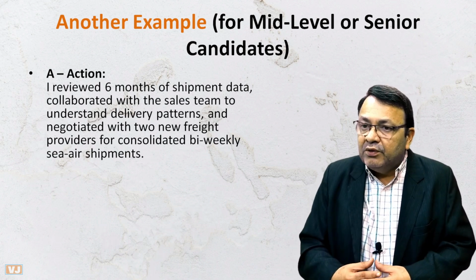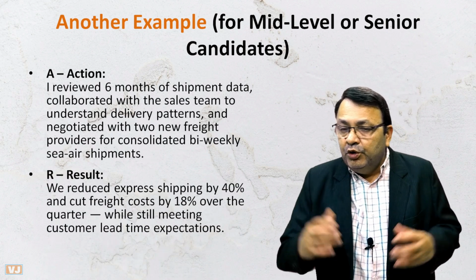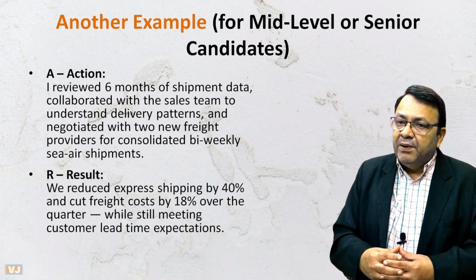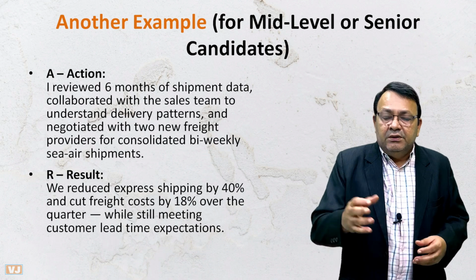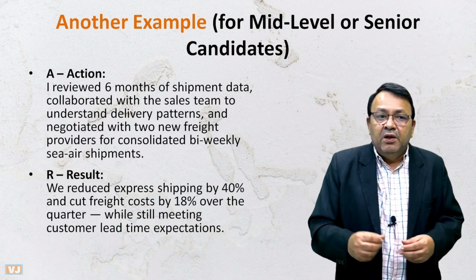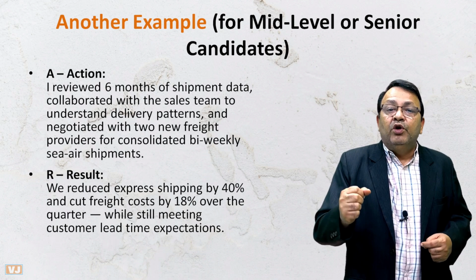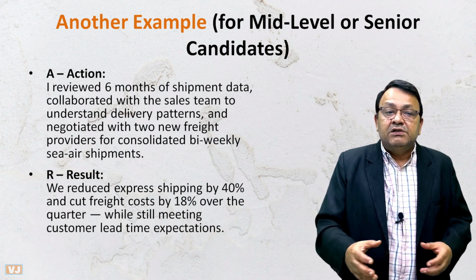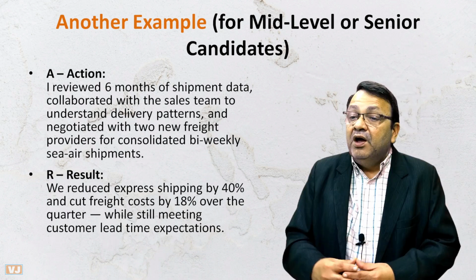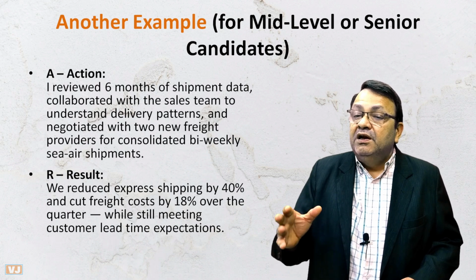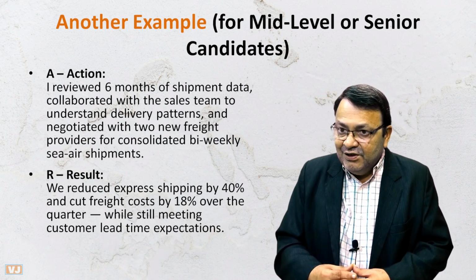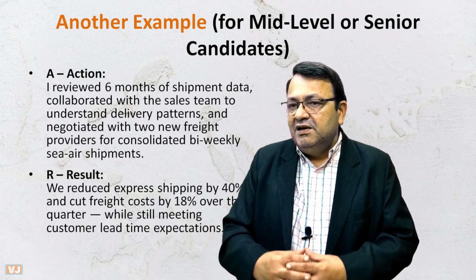Now you come to the last part, that is the result. You can speak like this as an example: we reduced express shipping by 40% and cut freight cost by 18% over the quarter while still meeting customers' lead time expectations.